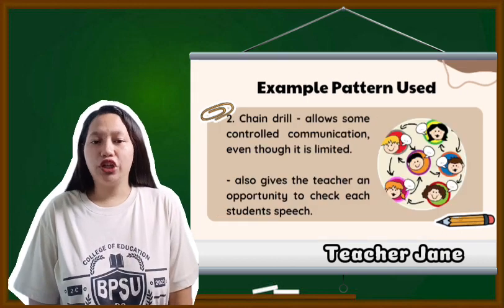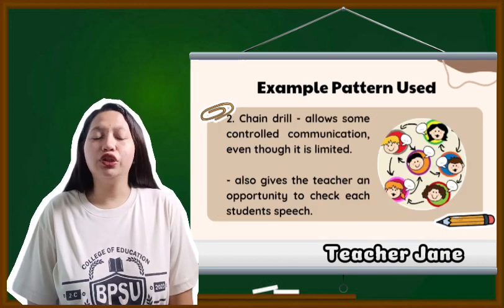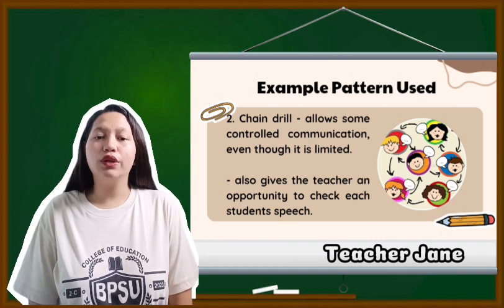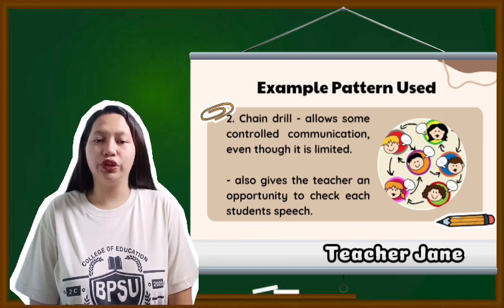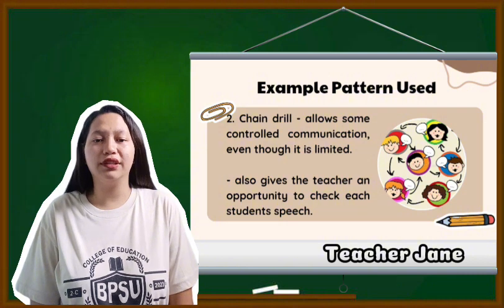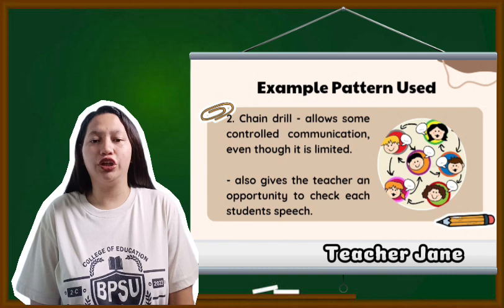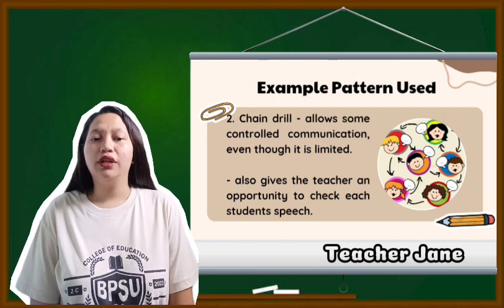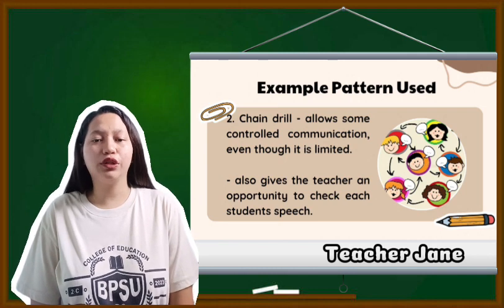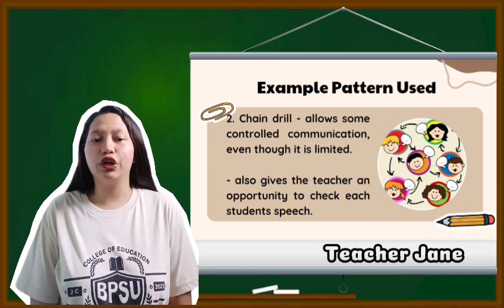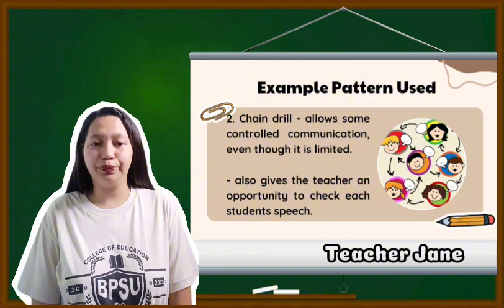Two, chain drill. It allows some controlled communication even though it is limited. It also gives the teacher an opportunity to check each student's speech. A chain drill gets its name from the chain of conversation that forms around the room as students one by one ask and answer questions of each other.